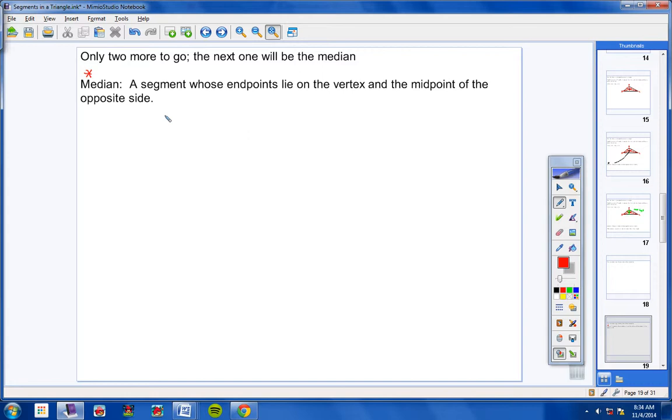A segment whose endpoints lie on the vertex and on the midpoint of the opposite side. Okay, so with that in mind, here's a picture of what it looks like. Okay, copy this down, please, in your notes.